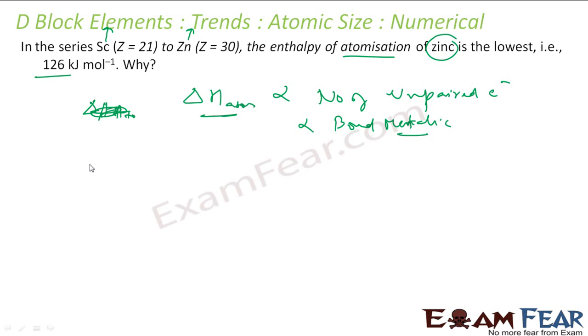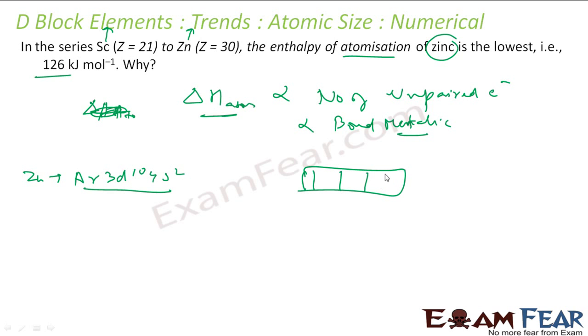So if you talk about zinc, the electronic configuration is Ar 3d10 4s2. It doesn't have any unpaired electrons. If you talk about the d orbital, 1 2 3 4 5, 1 2 3 4 5 6 7 8 9 10, there is no unpaired electron. In fact, in s also, 4s2, there is no unpaired electron, right? So if there is no unpaired electron, the bonding will be weak, and thus it has the lowest enthalpy of atomization.